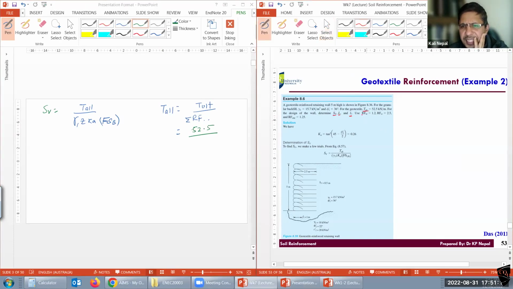So that means ID as installation damage, and then creep, and then there's a biological degradation. So this is CB. The three of them, right? So 1.2 times 2.5 times 1.25. This is just to reduce some of the factors, right? Yeah. How much is that? Can you calculate the allowable tension, right? Strength of the textile.